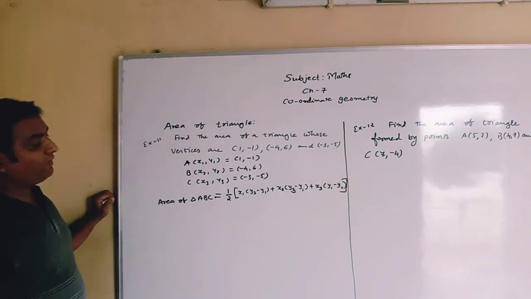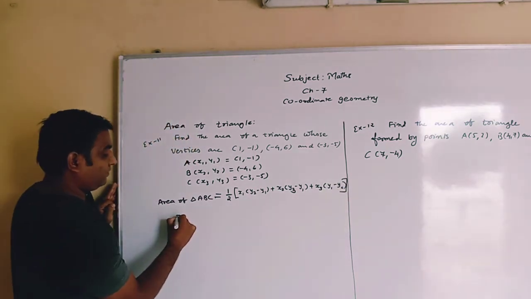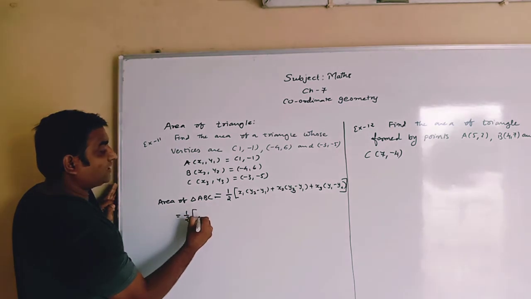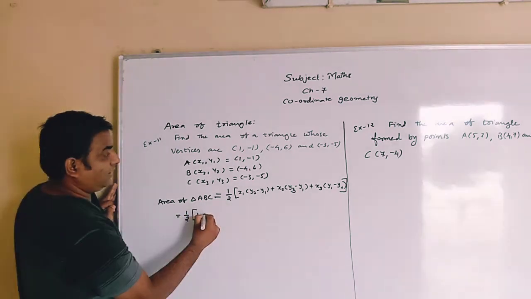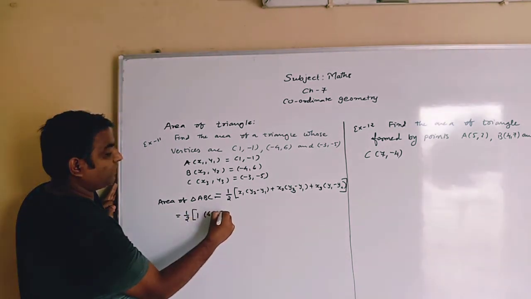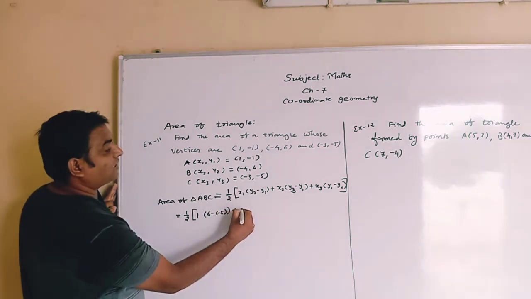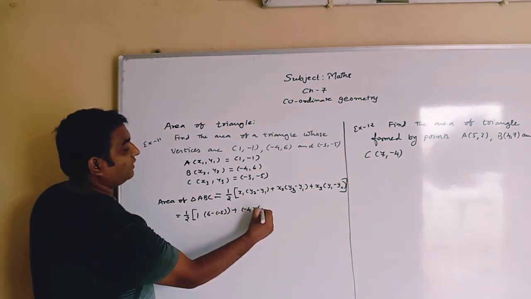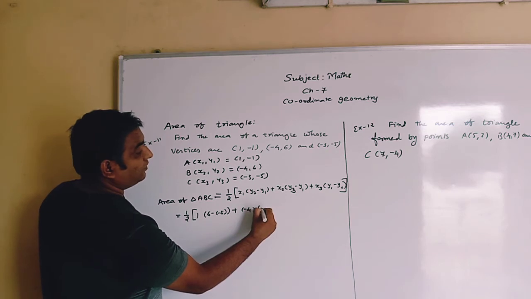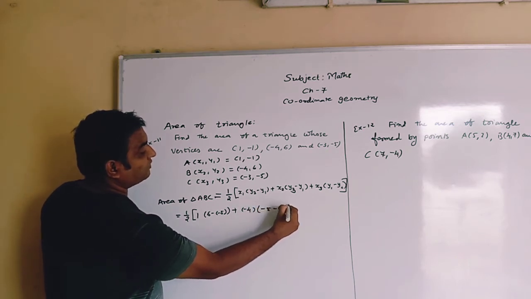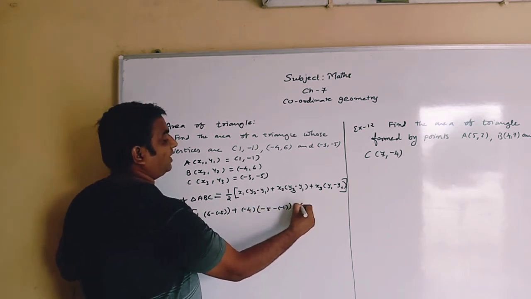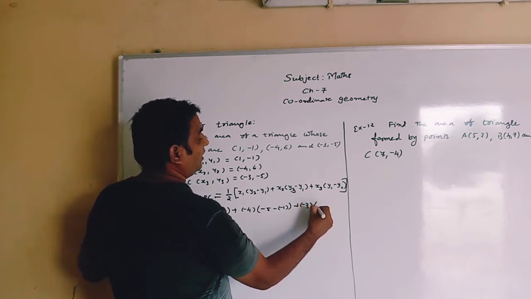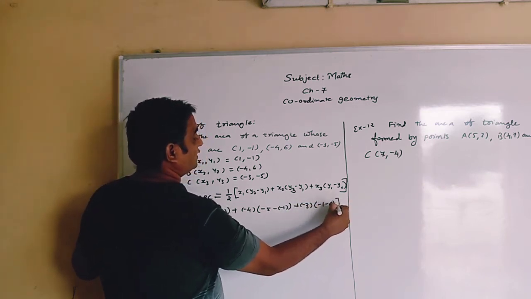In this formula we substitute the values: 1 by 2, x1 means 1, then (6 − 5), plus x2 is −4, then (−5 − 1), plus x3 is −3, then (−1 − 6).